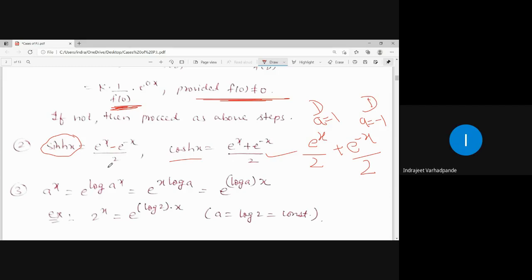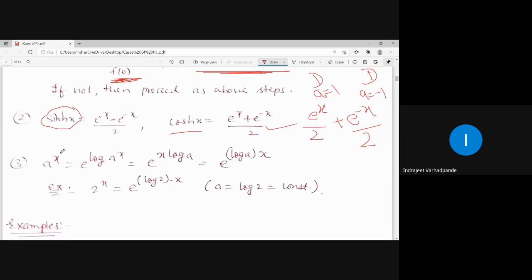So whenever you come across hyperbolic terms, again they are convertible to which case? First case. Exponential, constant, hyperbolic, sin hx and cos hx, and lastly this exponential, a to the power x. Now e to the power x and a to the power x are two different quantities, right? A to the power x means the base is a constant, the power or index is a variable. So we know that e and log get cancelled, so I can use that logic over here.